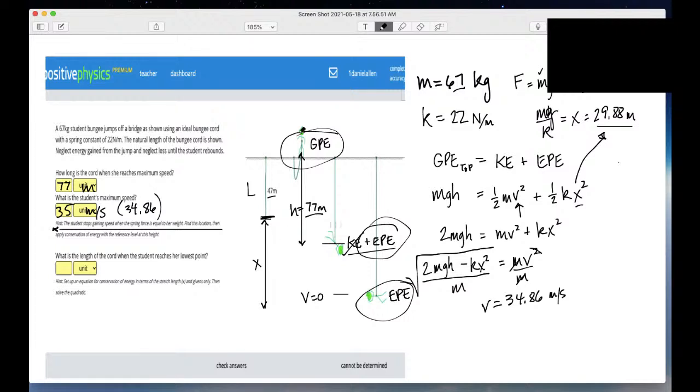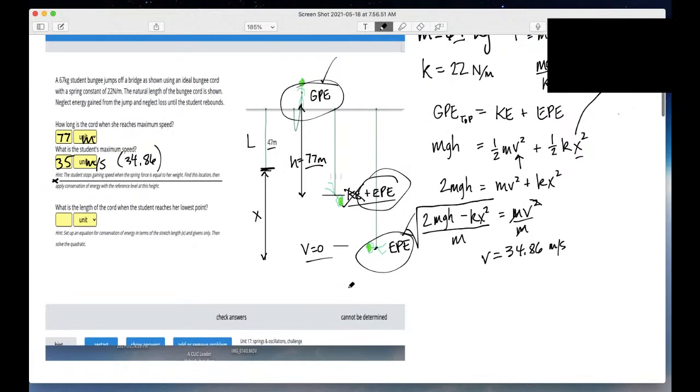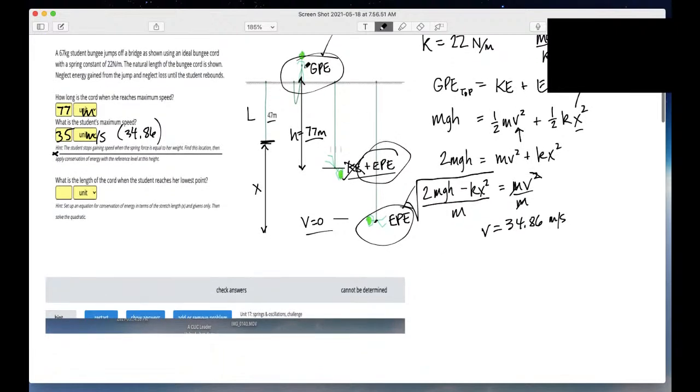Okay, so we're going to set this up differently. We're going to say GPE is equal to EPE at the bottom because there's no kinetic left since V is 0. So it stretches all the way and stops, and now it starts going back up. Well, we're going to snapshot that instant where it stops. Okay, so if we scroll up a little bit, we could say gravitational potential energy at the top, GPE at the top is equal to EPE at the bottom, since there's no kinetic energy left.